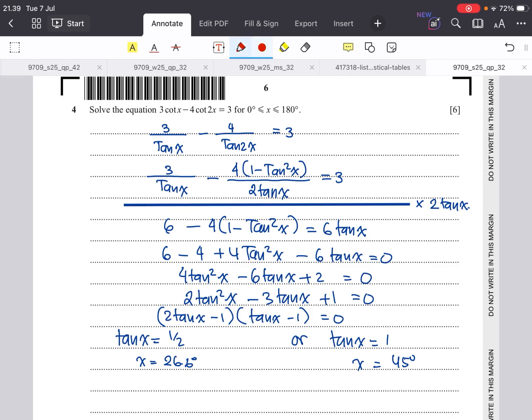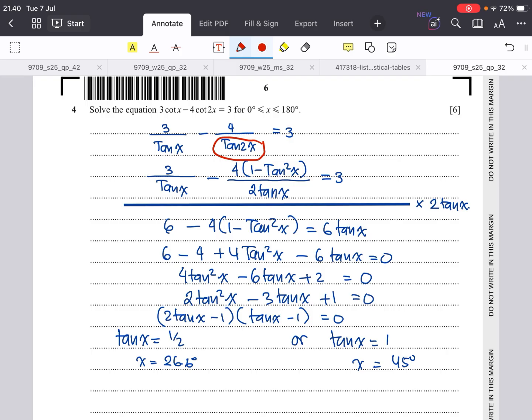So first, don't forget the meaning of cot. Cot is 1/tan. So this one we can rewrite again into 3/tan x. Do the same thing here, it becomes 4/tan 2x equals 3.